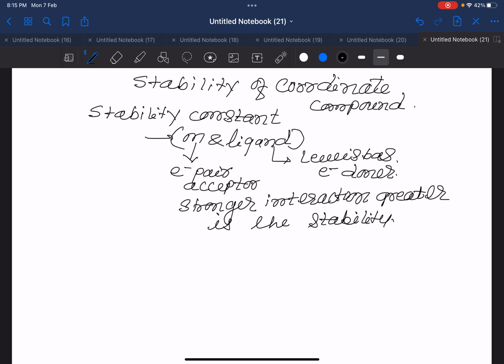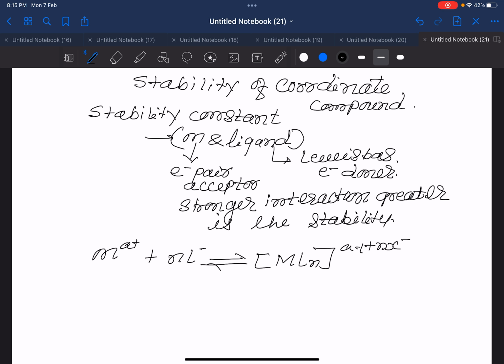Of the complex. Consider the equilibrium for the metal-ligand interaction. समझो ये रिएक्शन है. It will give this type of reaction.